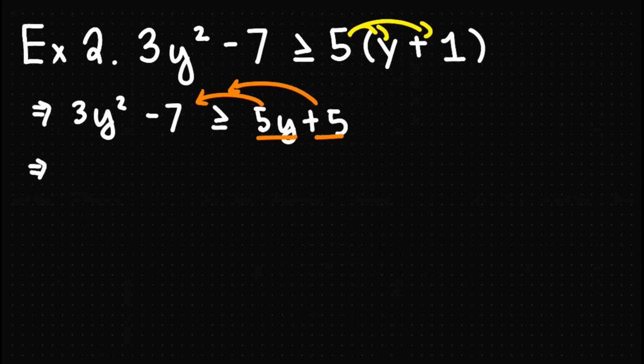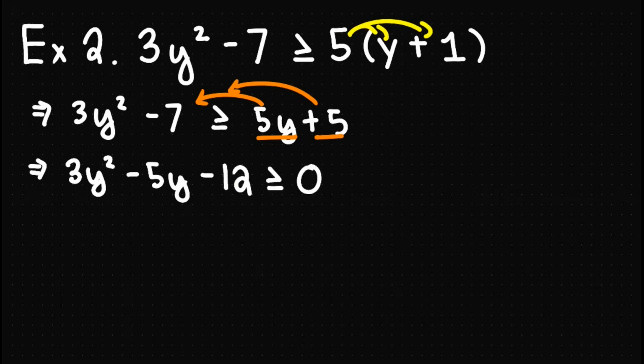So we'll obtain 3y squared, 5y to the left will be negative 5y. Then we'll have negative 7 minus 5 is negative 12, greater than or equal to 0. Next, we factor this one out here. And how do we factor this one?